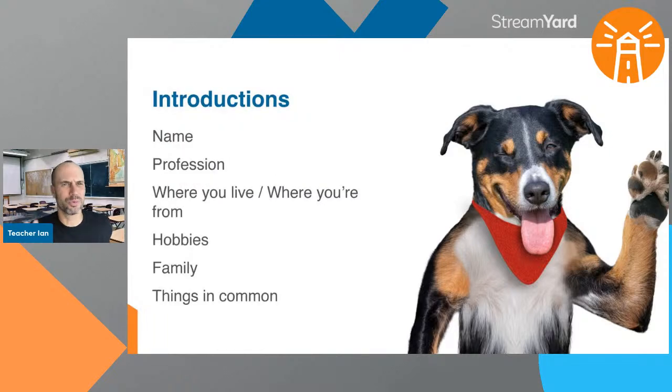And there's no right or wrong way to introduce yourself. So these are the things that I thought you could share. Your name, your profession. Always share what you do. We do this for a couple of reasons. One, people want to know. Second, maybe you're looking for a job.